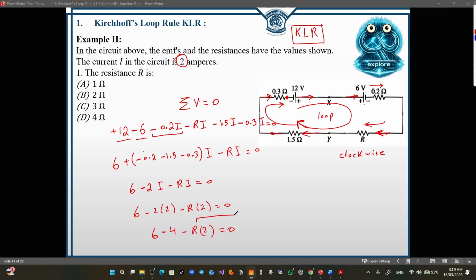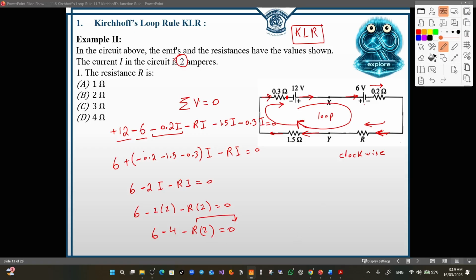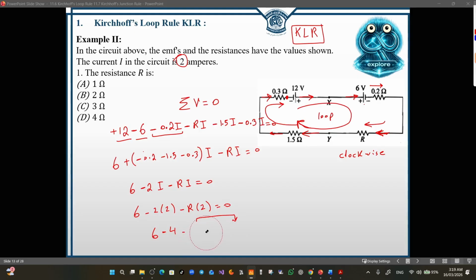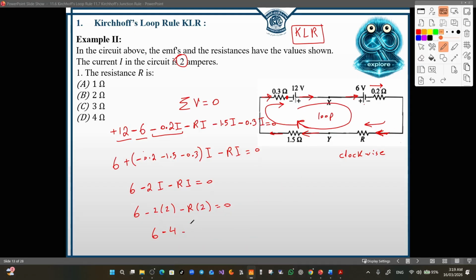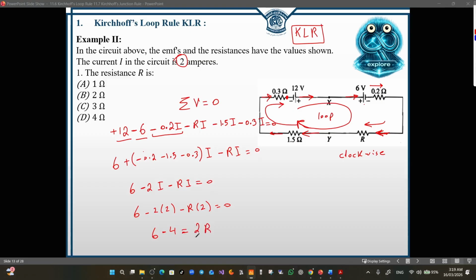Or we simply move R times 2 to the other hand side and it becomes plus R times 2, or plus 2R. Now 6 minus 4 is 2, and then R equals 1 ohm. So the correct answer should be A.